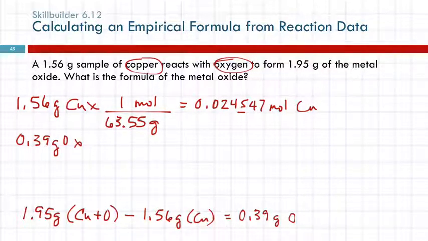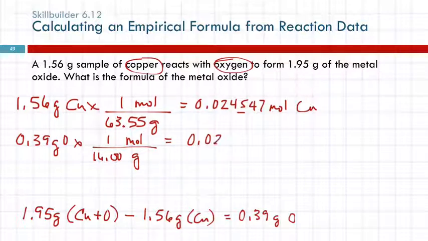We're going to convert that, moles and grams, 1 mole to 16. 0.39 divided by 16 is 0.024375 moles of oxygen.